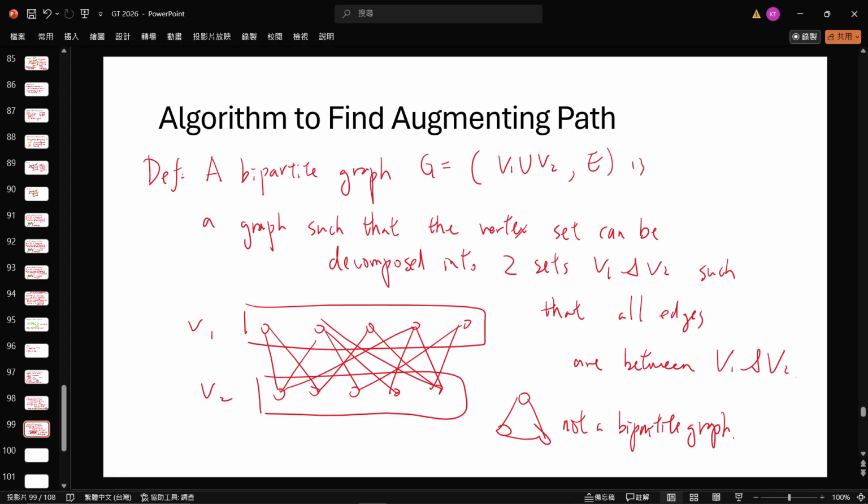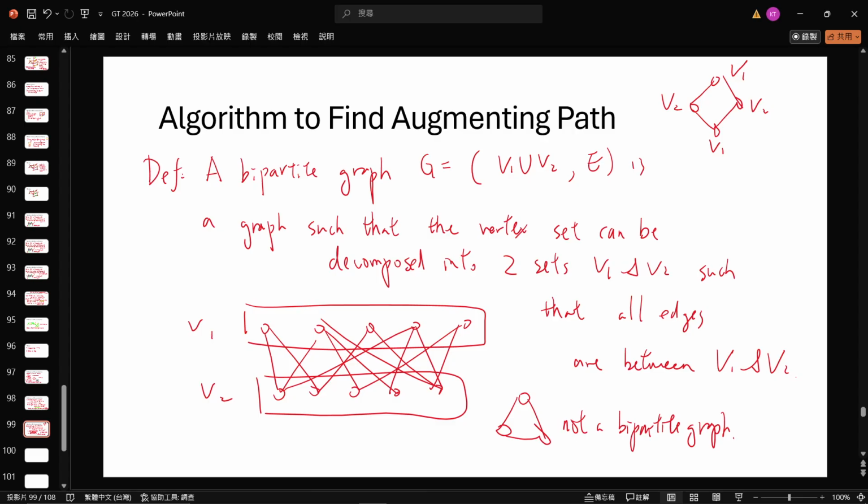How about this? Is it a bipartite graph? Yes. To partition it, you can do this. The top and the bottom vertices are in V1. The two vertices in the middle are in V2.